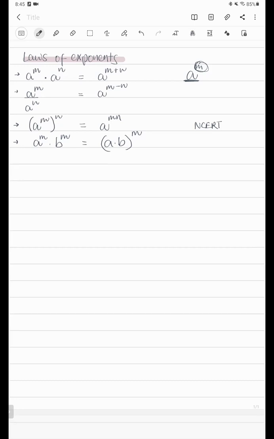Now, what do we mean by 4 to the power 3? 4 is multiplied by itself 3 times, right? So this is 4 to the power 3. Now, what do you mean by 4 to the power minus 3?